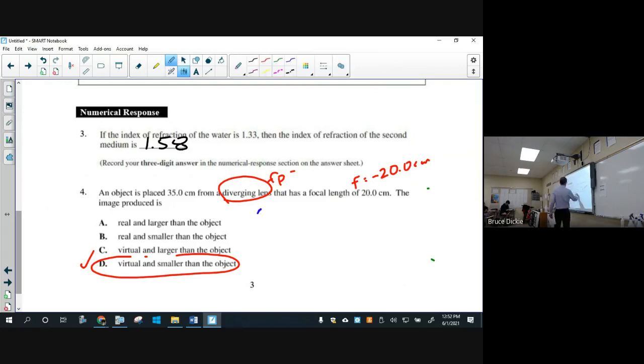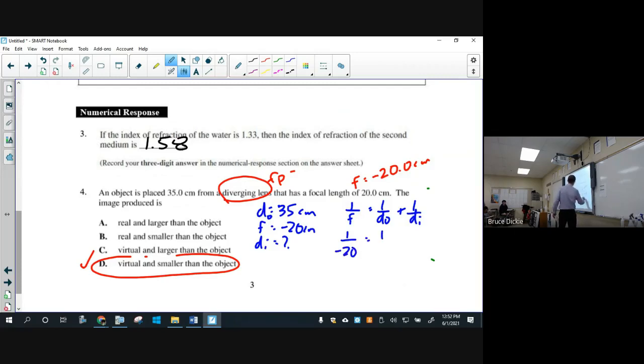We would say DO is 35 for this. We would say F is negative 20. You can see how important that negative is now. I might as well solve for DI here. Let's say 1 over F is equal to 1 over DO plus 1 over DI. 1 over negative 20 equals 1 over 35 plus 1 over DI.